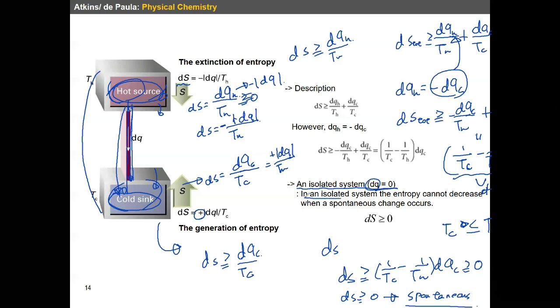So in that isolated system, the entropy cannot decrease when a spontaneous change occurs, right? So in that case, dS will be 0. So if dS is 0, then this still satisfies the concept of entropy.